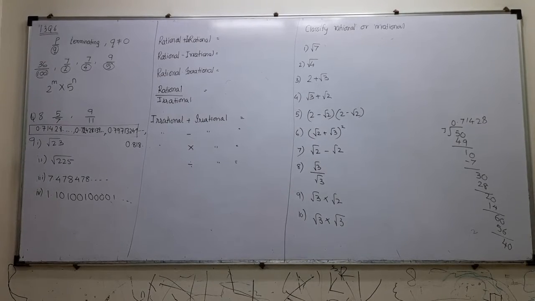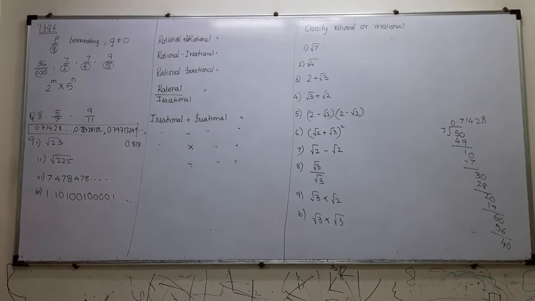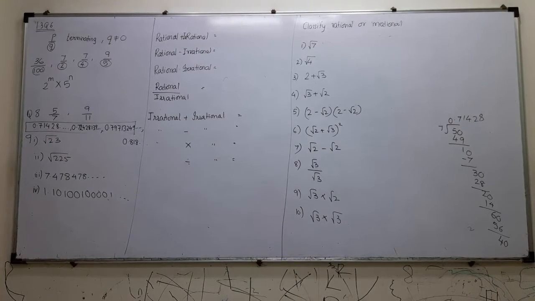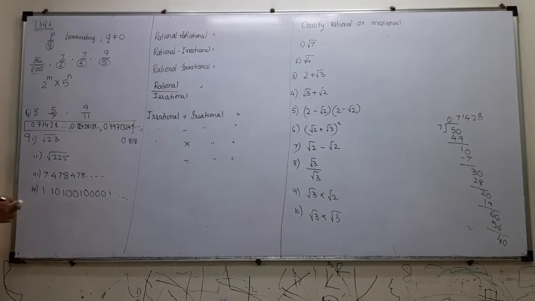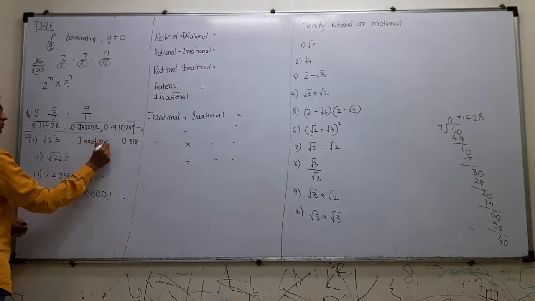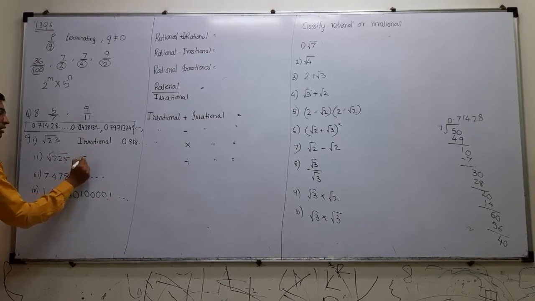Now, the next task is you have to classify whether the following numbers are rational or irrational. First one is the square root of a prime number. Yesterday we had discussed that the square root of a prime number is always irrational. So this is irrational. What is the square root of 25? It comes out to be 5.